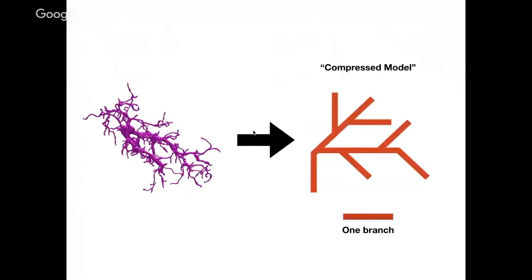So what we did was we took this one neuron, the particular geometry of this one single neuron, and we say that each branch of the neuron corresponds to one branch in this compressed model. So as you see, we see a little branch coming off the neuron, and we would denote that as one branch in this one compressed model.